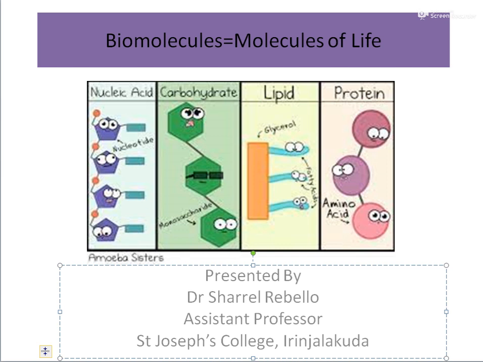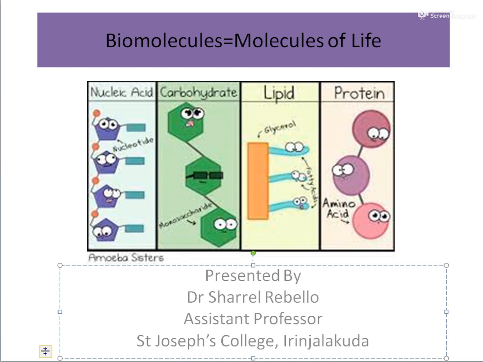There is a cartoon which has been created by our Amoeba Sisters, and that's what I have shown here. You can see that there are mainly four different molecules which are found in all living forms. They include nucleic acids, which are made up of nucleotides, carbohydrates, which are made up of sugar moieties, and every single carbohydrate or single sugar moiety is referred to as a monosaccharide.